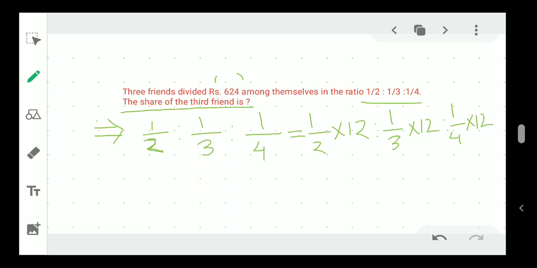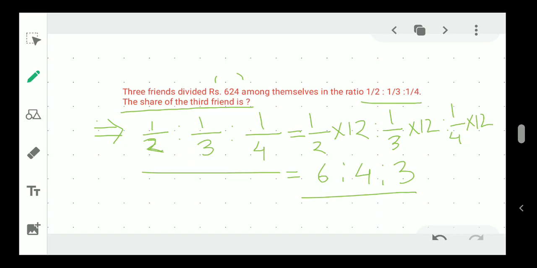I can multiply anything with each of the quantities, provided I multiply the same thing with everyone. So this ratio is equivalent to 6, 4 and 3. These two ratios are the same because they are equivalent ratios.